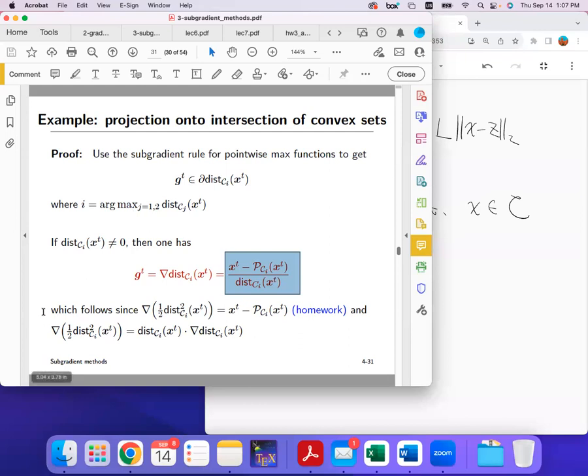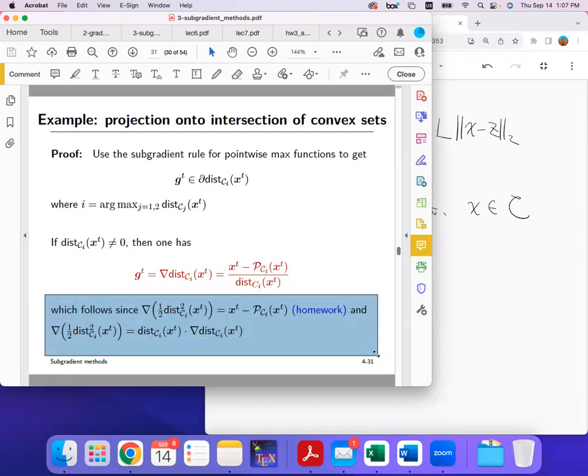The last comment is a short comment on how to prove this. Basically, you have to show that the gradient of this quadratic distance function can be written in two different ways. And then from there, you can solve for the gradient of the distance function.